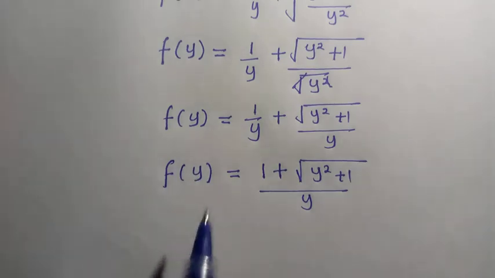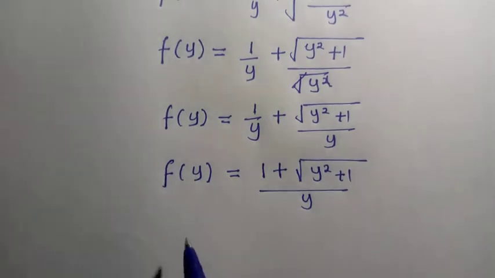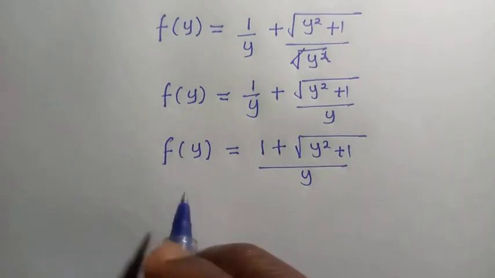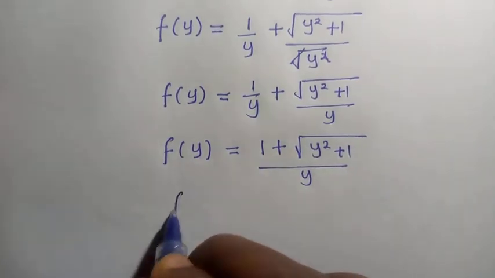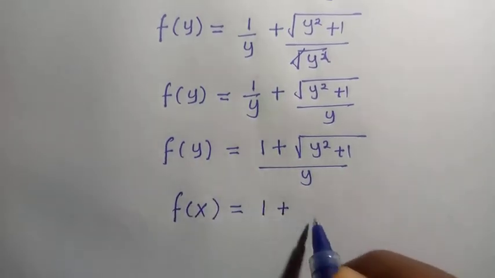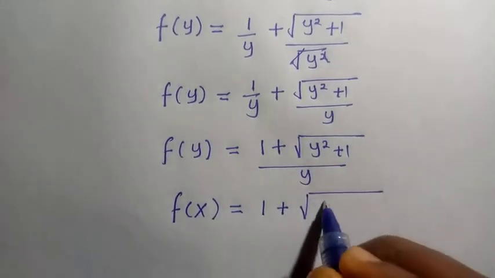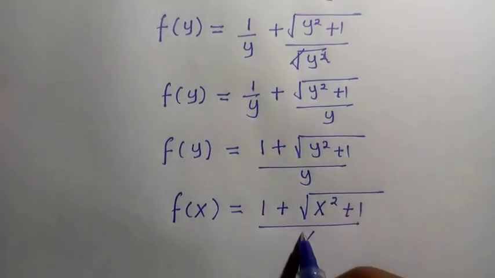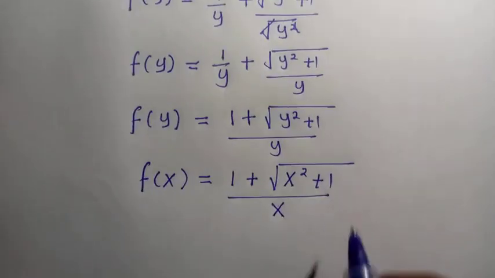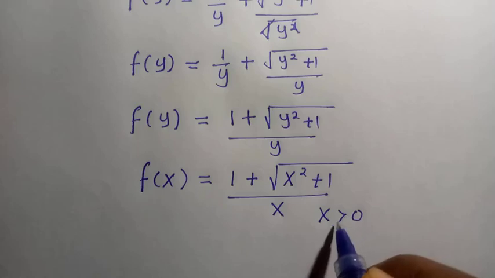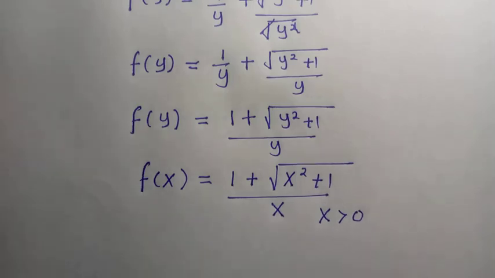Then y and x here both are the same because both are members of real numbers, not equal to 0. Then we are going to replace y with x, and we have f of x equals 1 plus the square root of x squared plus 1 divided by x, as the value of x here is greater than 0, that is, not equal to 0.